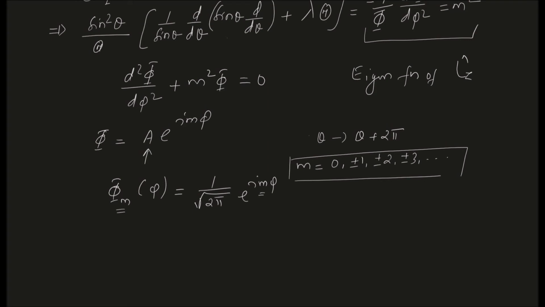Now the orthonormality condition is given by integral 0 to 2 pi, from the general property of the spherical polar coordinates, you can write it as phi m prime star of phi, phi m of phi d phi is equal to delta m prime m.